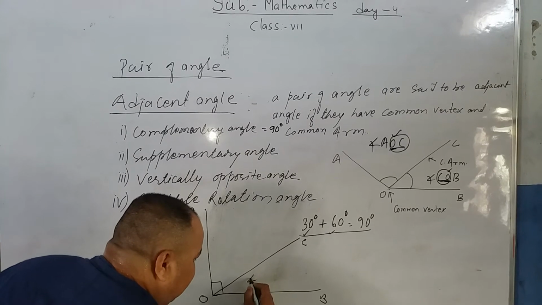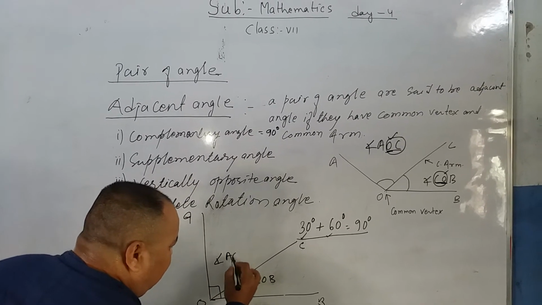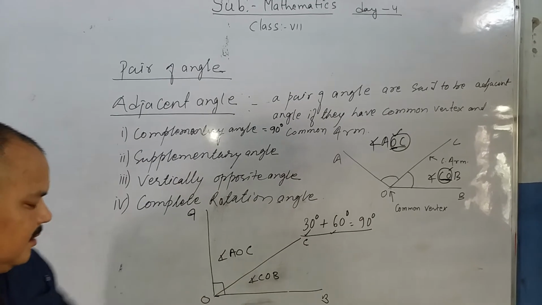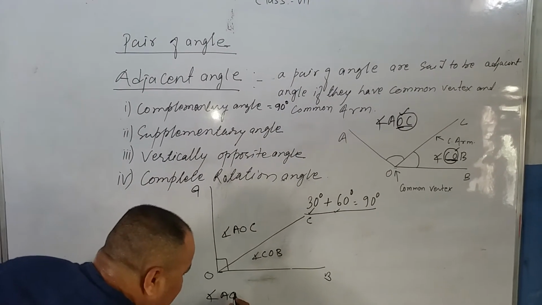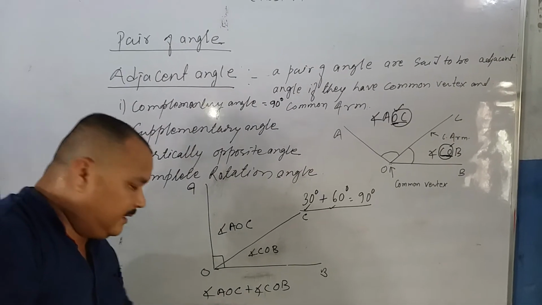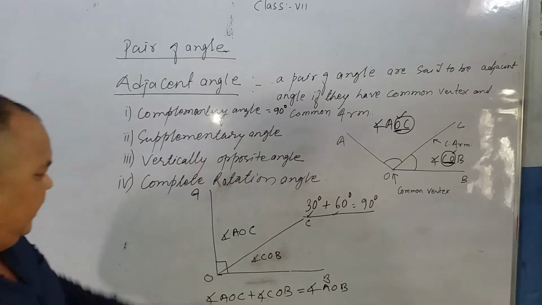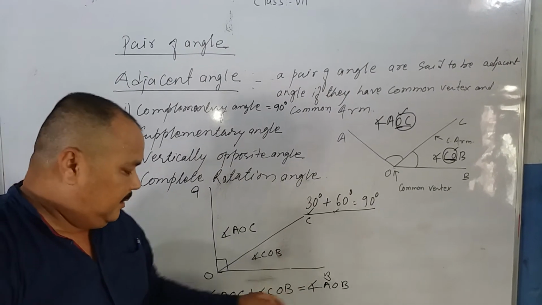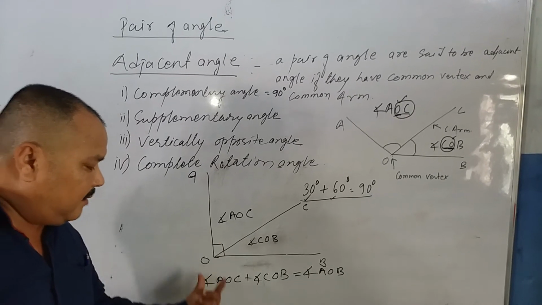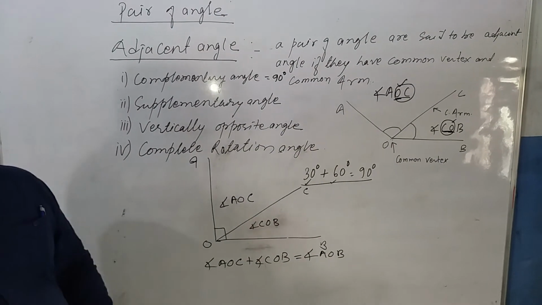The two angles are AOC and COB. The sum of these two angles is equal to 90 degrees. When we sum angle AOC plus angle COB, the angle AOB is formed. So when these two angles are formed at a common vertex, these adjacent angles whose sum is a right angle are called complementary angles.